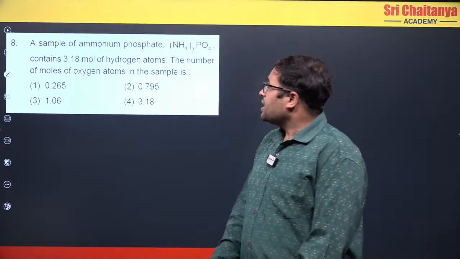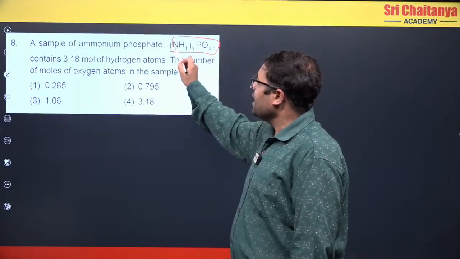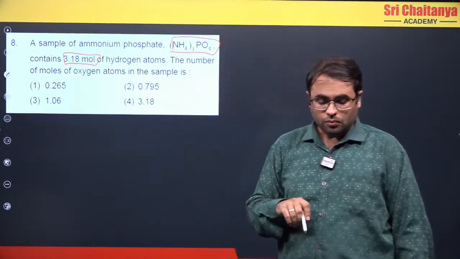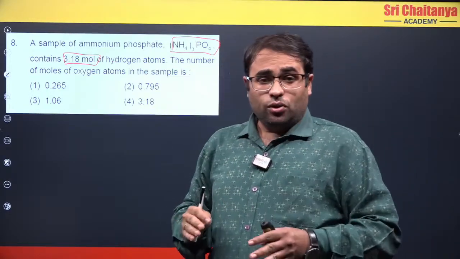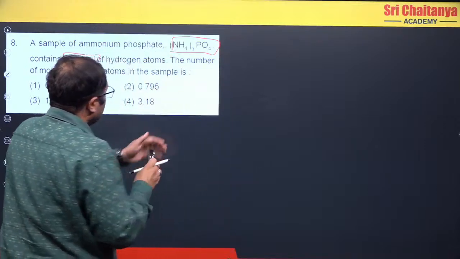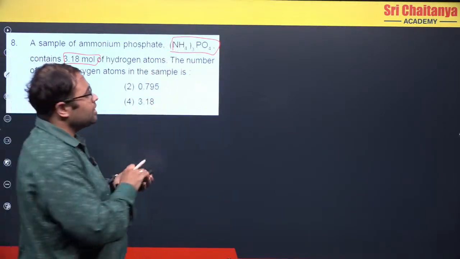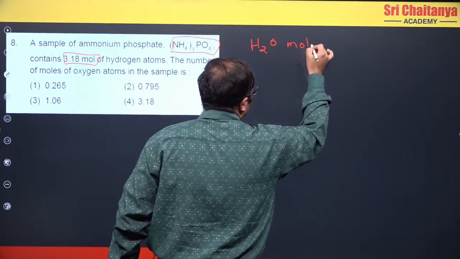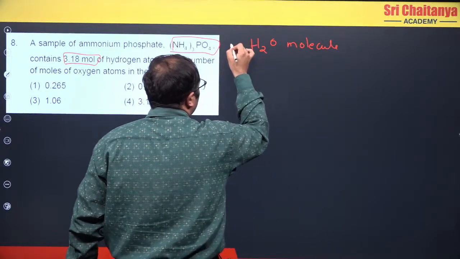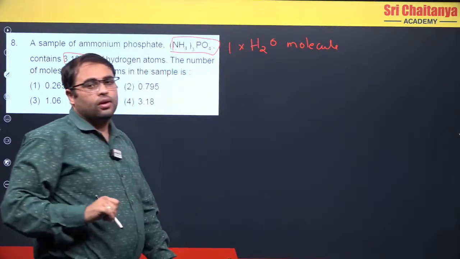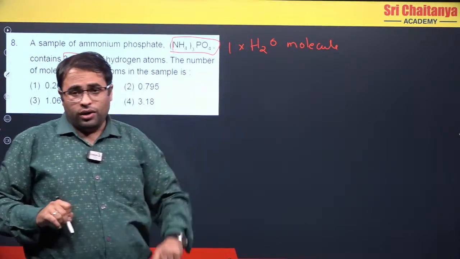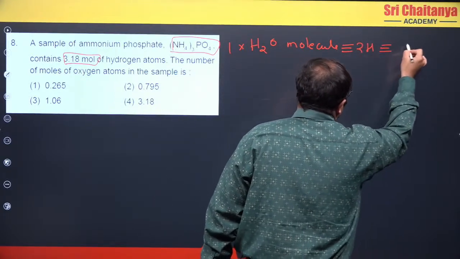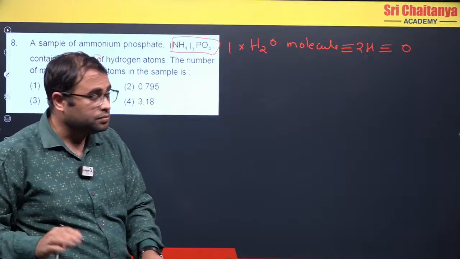Moving on. A sample of ammonium phosphate contains 3.18 moles of hydrogen atoms. So one thing I wanted to tell you is that understand that if I have, instead of this, let me take an example. If I have an H2O molecule, for that matter, one H2O molecule, this one H2O molecule has how many? 2 hydrogen atoms and 1 oxygen atom, correct?